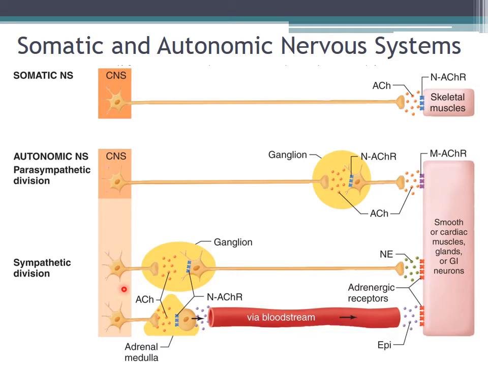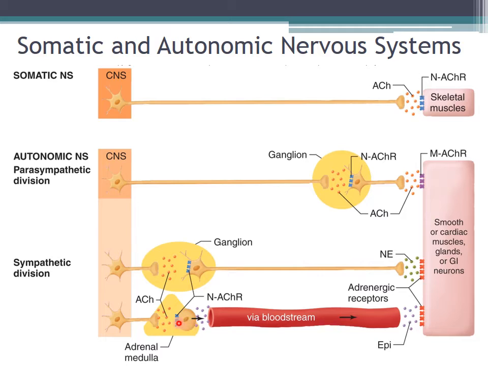The other thing about the sympathetic division, some of these preganglionic neurons do not go to a ganglia outside the CNS. They actually go to structures inside the adrenal gland region called the adrenal medulla, and here they stimulate neuroendocrine cells, called chromaffin cells.